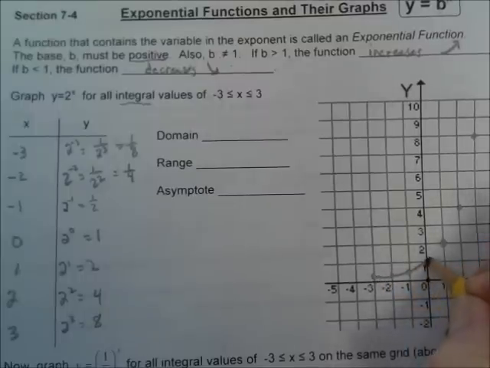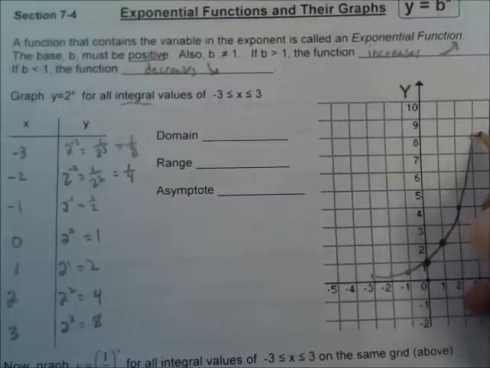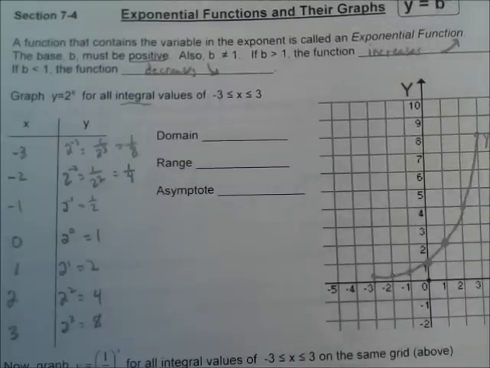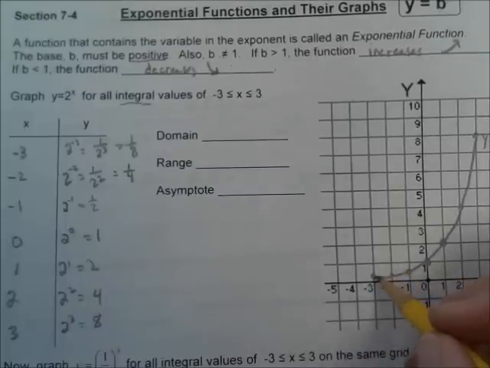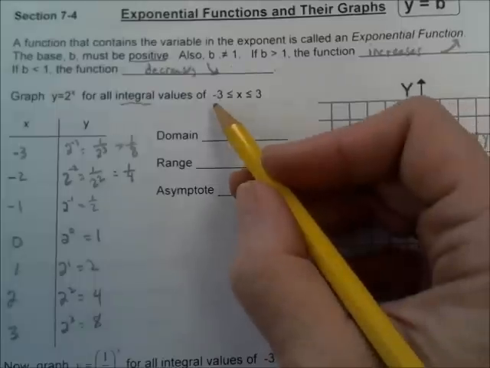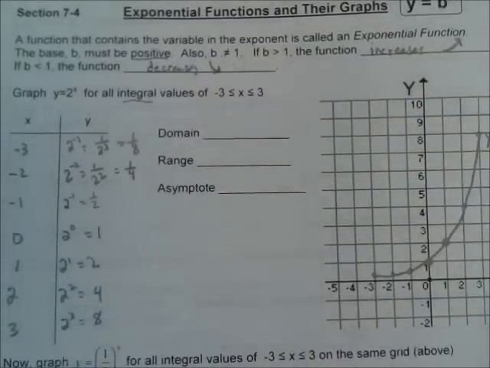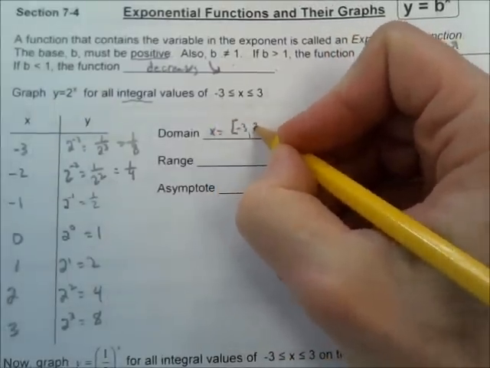So here is a nice smooth graph that is called y equals 2 to the x. Please label that. The domain on this particular function, well, this domain is actually going between x is -3 to 3, but the domain normally of an exponential graph is all real numbers, but just in this particular case, because we're starting and stopping here, we have x is equal to -3 all the way up to 3.